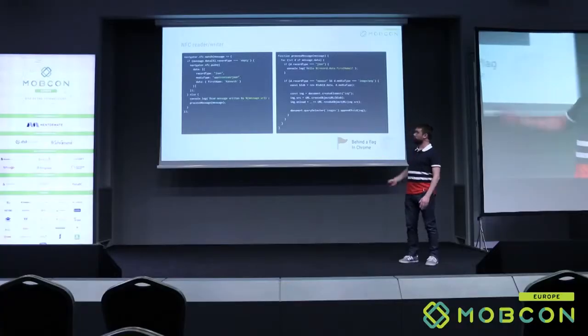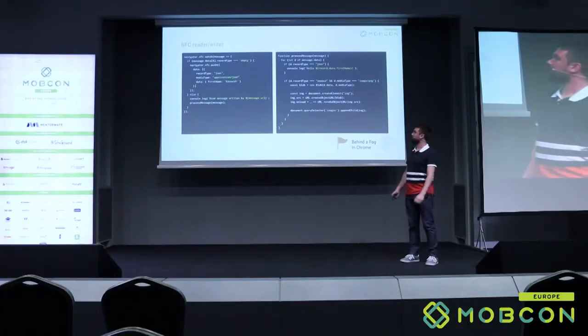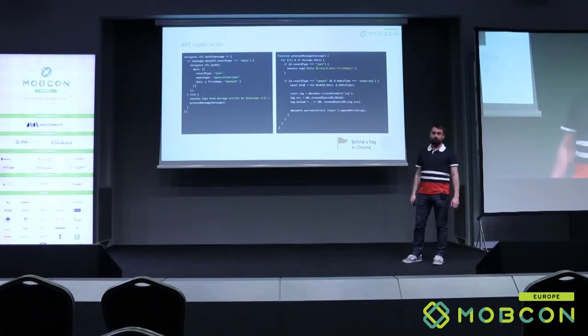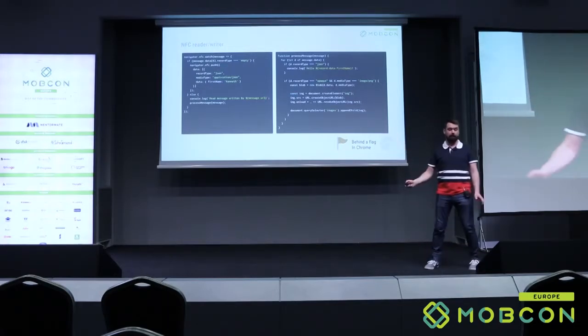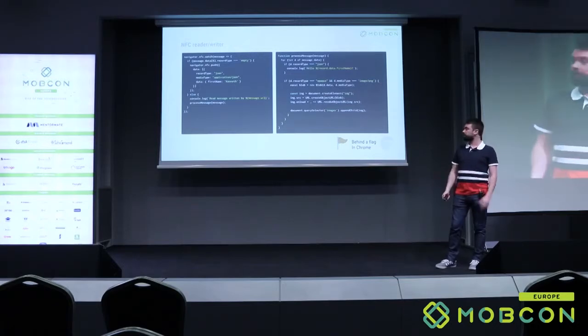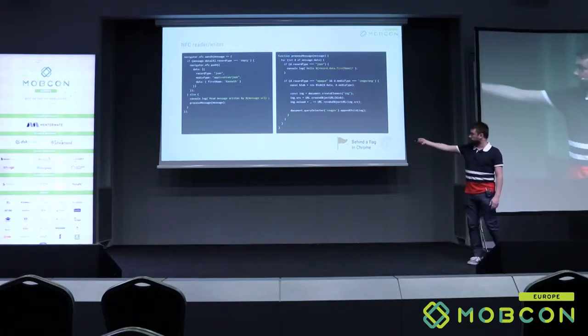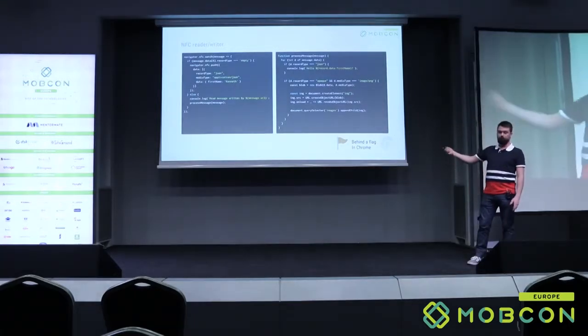What I'm doing is watching for touches. If the tag is initially empty, I just put some data to it. I'm just using JSON, so it's really integrated with how it works on the web. I'm just writing my name. If not, I'll call this process-a-message function, which looks at what's on the tag itself.